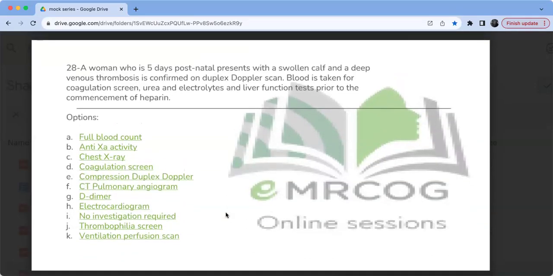A woman who is 5 days postnatal presents with a swollen calf, and deep venous thrombosis is confirmed on the duplex scan. So this time it was confirmed. Blood is taken for coagulation screen, urea, electrolytes, and liver function test prior to commencement of heparin. So what do you need to do now? Which investigation do you need to do now?